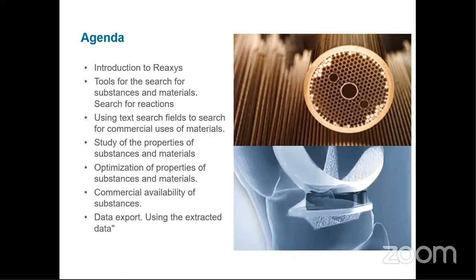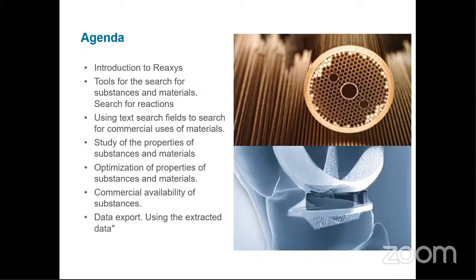But I'm planning to show you in more detail how to use text search fields, for example, for different purposes related to material science, how to find properties, how to find material with a unique combination of properties, how you can optimize the properties of materials that you're going to work with, and some other practical questions like commercial availability of the substances.